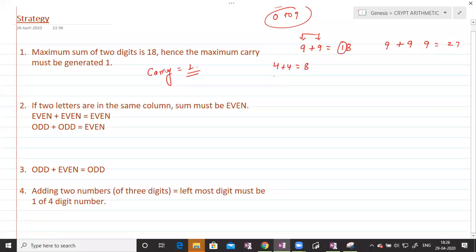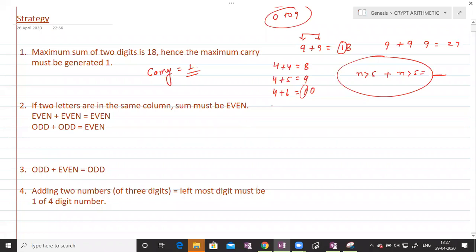No. If I add 4 plus 5, will I get the carry? No. If you add 4 plus 6, I will get the carry. It means if one number is less than 5, the other number should be more than 5 to get the carry. Right, very simple. Keep that point in mind.